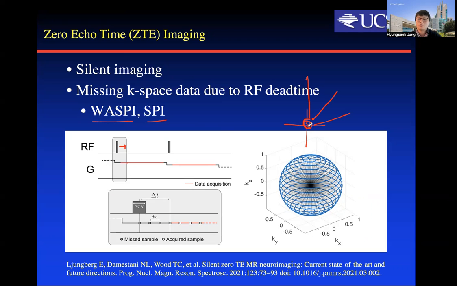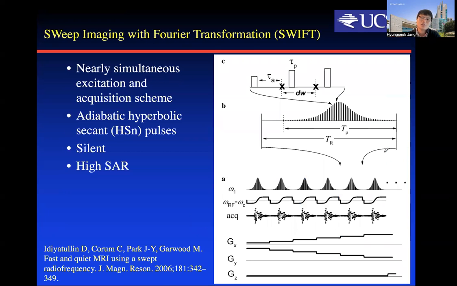I won't go into too much detail, but there are certain techniques using this CTE. And there's also a famous technique called SWIFT. It was developed by Dr. Garwood and their group. I think they use this technique a lot, but it is not very often used in the MRI society.